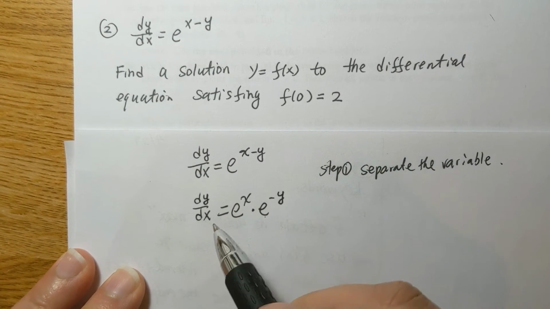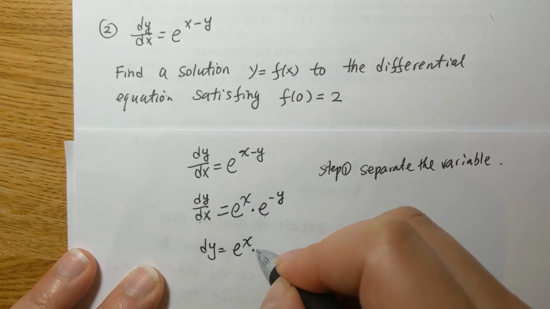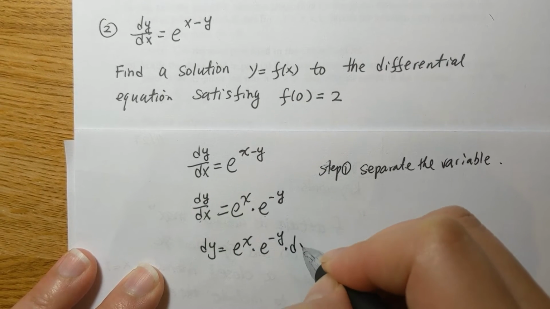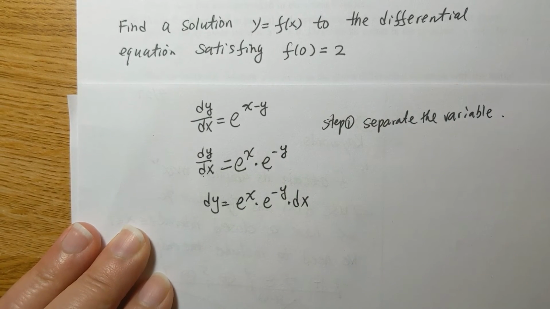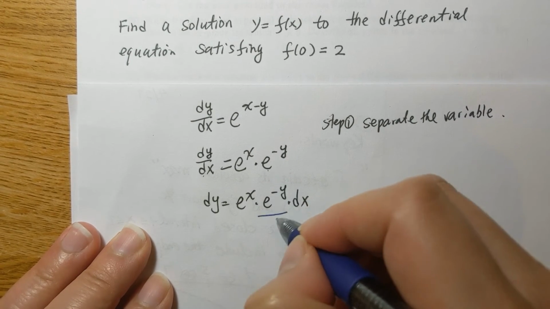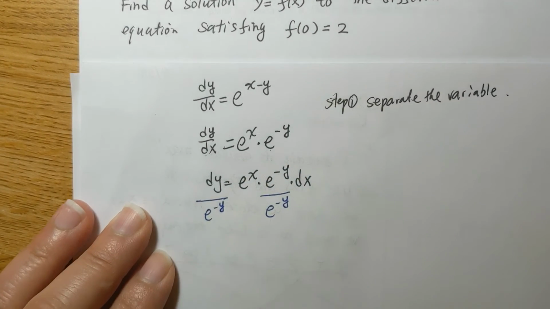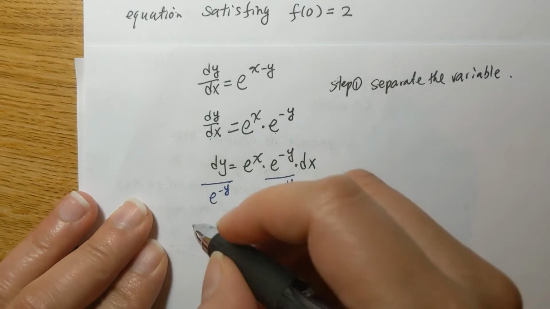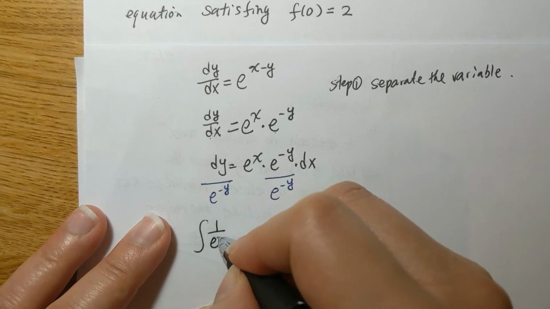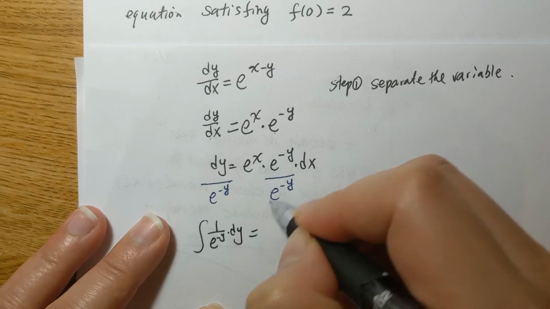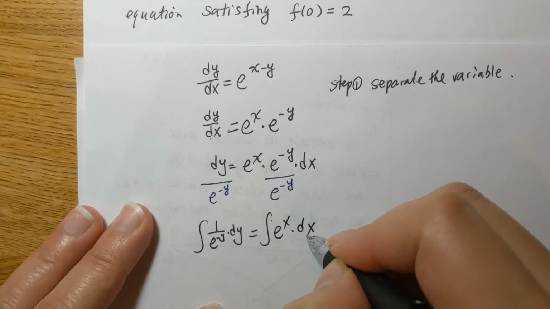Now we're ready to multiply the dx to the right side. And we still do not want e to the negative y over here, so we divide. So now we're going to get the integral of 1 over e to the negative y times dy, and this cancels out, so we get the integral of e to the x dx.